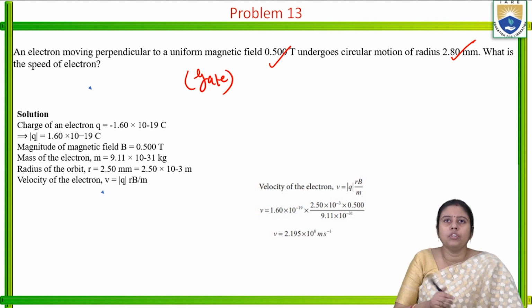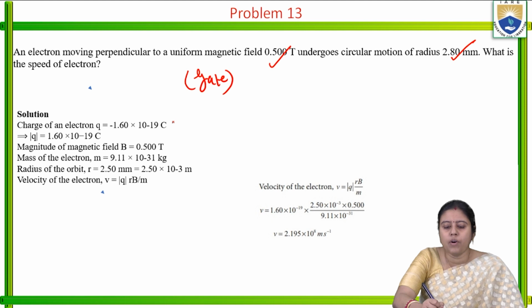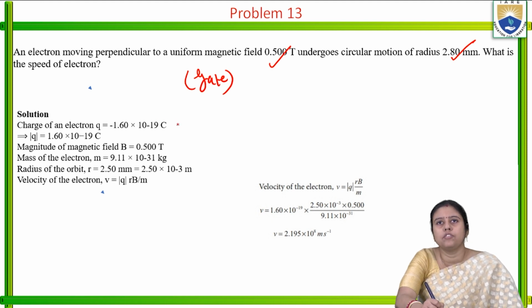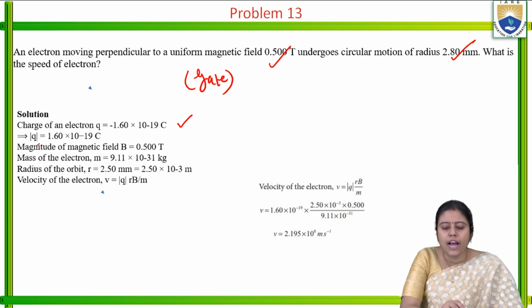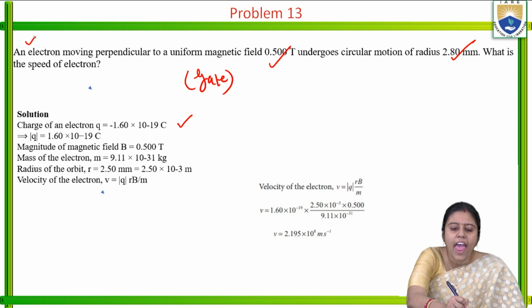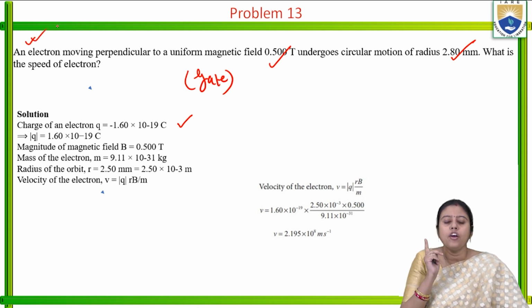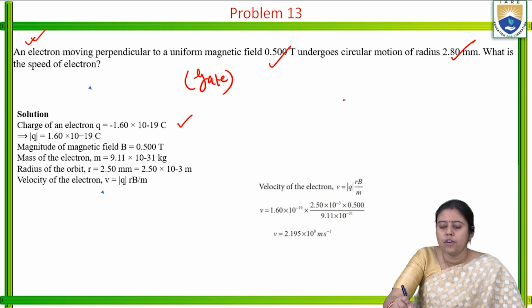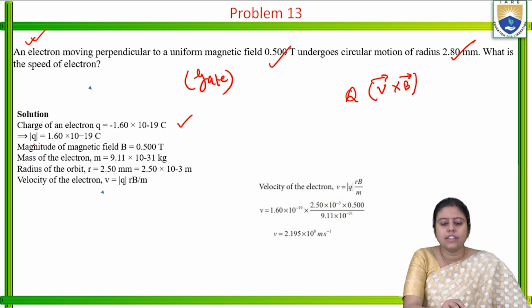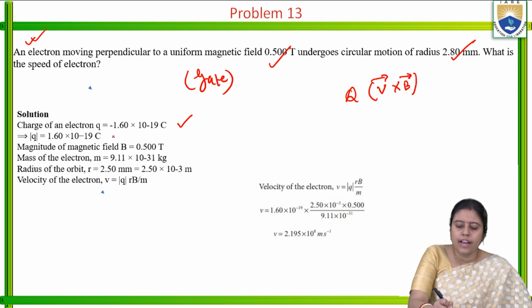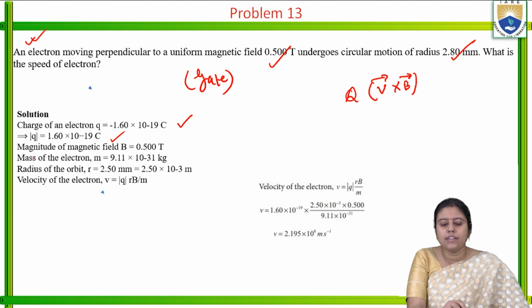So first we know the charge of the electron is minus 1.6 into 10 to the power minus 19 coulomb. So Q charge is equal to 1.6 into 10 to the power minus 19 because we are thinking about only one electron.